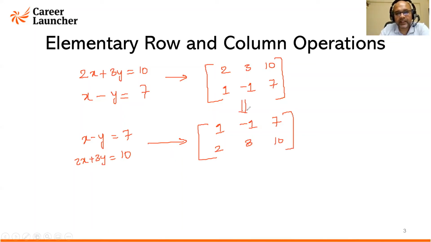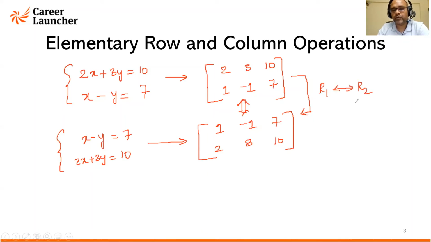Now, why am I saying these two matrices are not going to give you different answers? Because whether you solve these two equations or you solve these two equations, the meaning is the same. So how do I get here from here? I'm getting R1 interchanged with R2. That is not a new equation. It is the same. I'm just interchanging it.